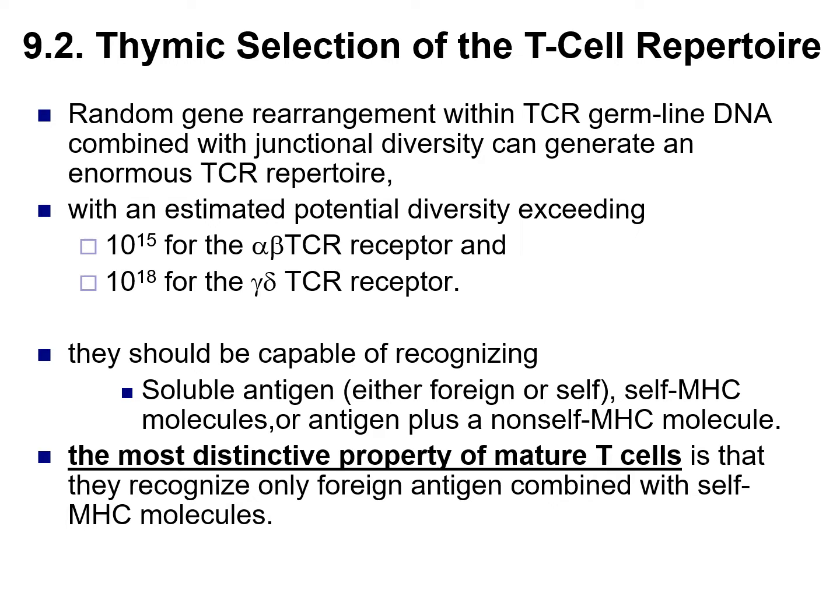They have estimated the potential diversity to be about 10 to the 15th for the alpha beta TCR receptor and about 10 to the 18th for the gamma delta TCR receptor. This enables the cell to recognize antigens. The most distinctive property of these mature T cells is that they recognize antigens only when attached to self-MHC molecules.